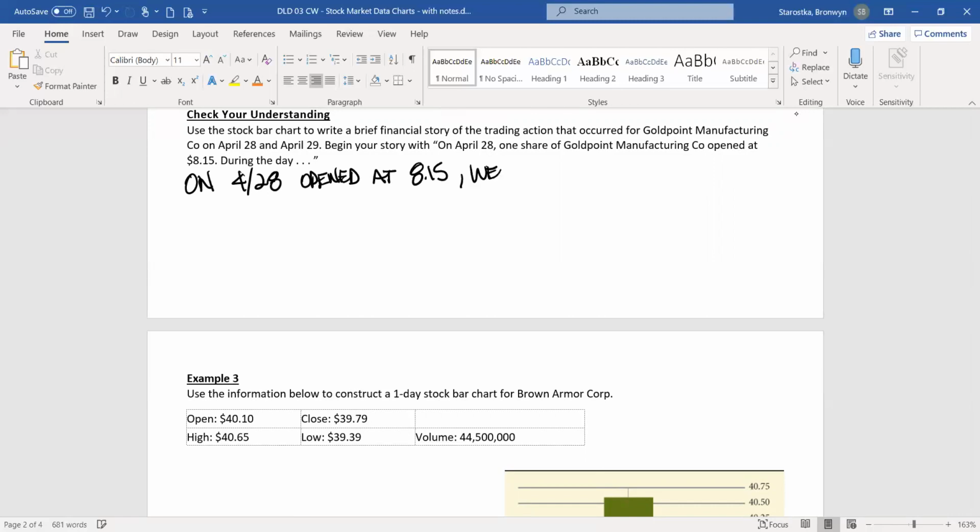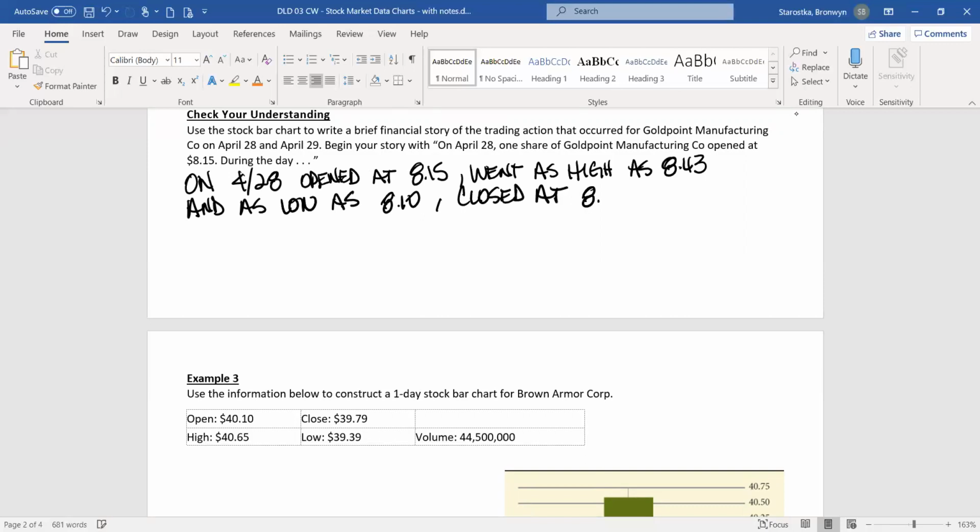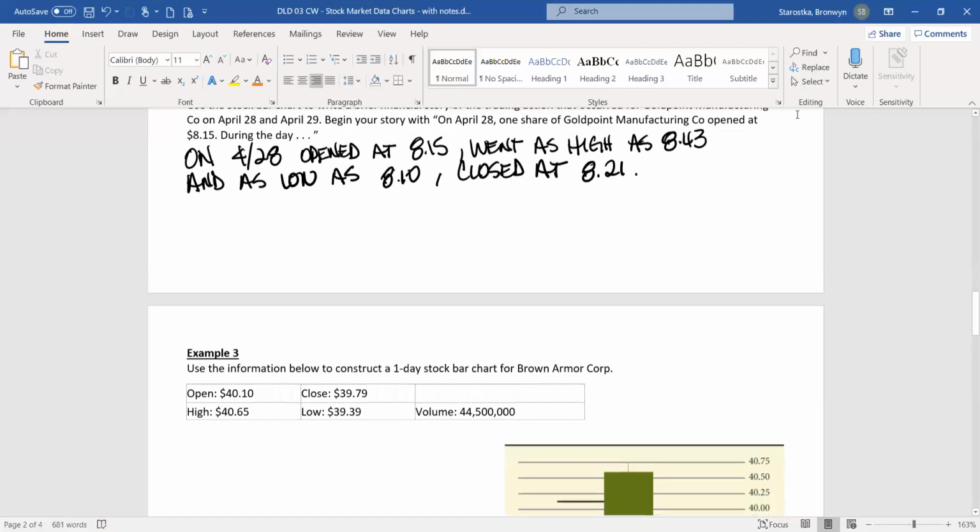It went as high as $8.43 and as low as $8.10. Finally, it closed at $8.21. There was some after-hours trading.